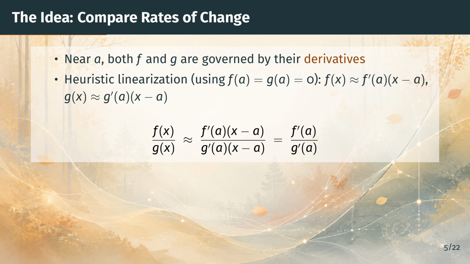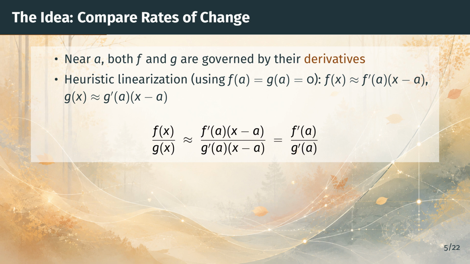That common factor cancels, leaving the ratio of the derivatives. This is only a heuristic, but it is exactly the right intuition. The limit of the quotient should equal the limit of the quotient of derivatives. L'Hôpital's rule makes this precise, and remarkably, it needs no continuity of the derivatives at all.